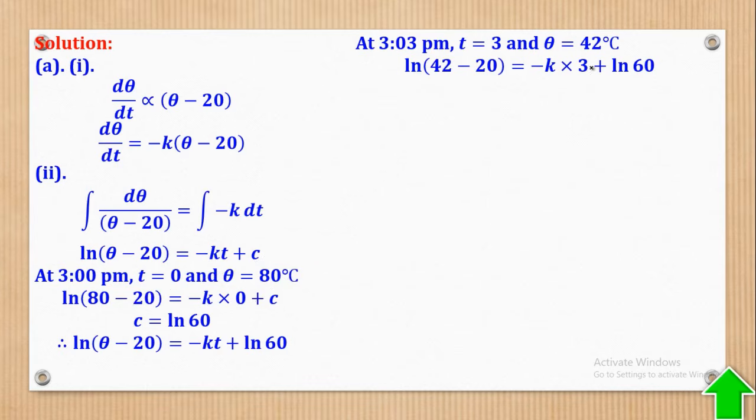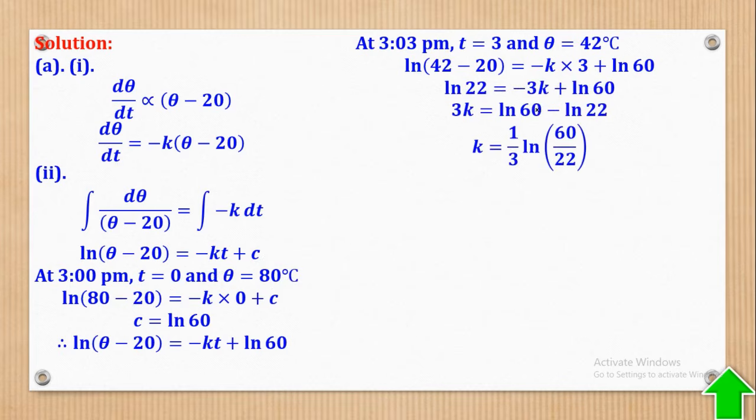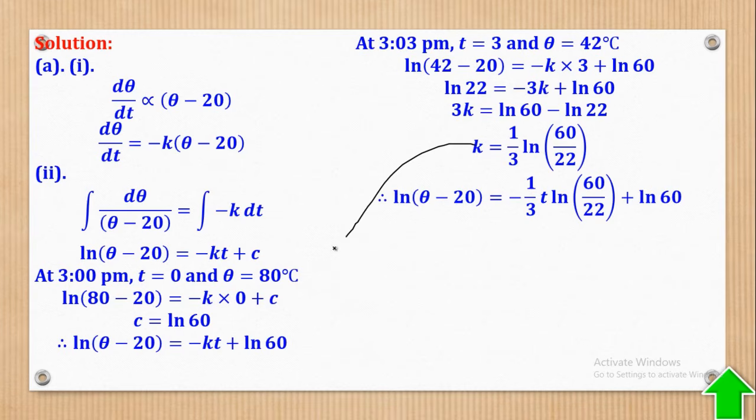In that case, I'll remain with k as the only unknown, and therefore k will be equal to that. So ln this minus ln this is the same as ln 60 over 22, and this 3 taking it this side becomes a third. So I'll substitute for k in this equation to come up with that.